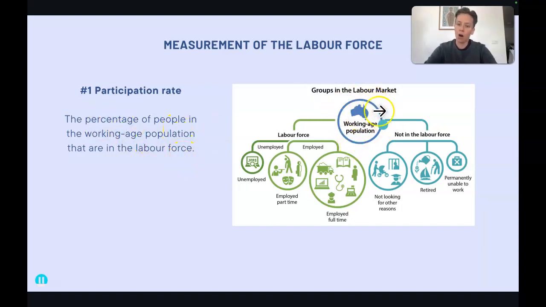So if you took the whole population of Australia that fits in that age bracket between 15 and 65, and they've put their hand up to work, well, then they're going to be considered in the labour force, and we're going to compare that to the working age population in total. So that's going to give me a percentage, and that basically says, righto, what's the percentage of everybody in that age bracket that is in my labour force? Keeping in mind that if you're in the labour force, you're either classified as employed or unemployed.